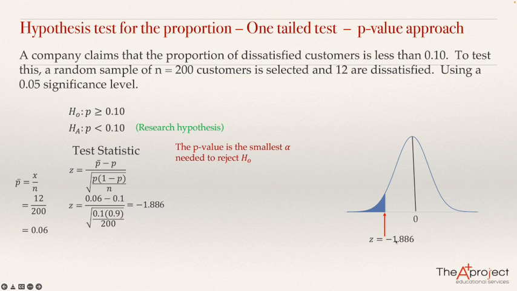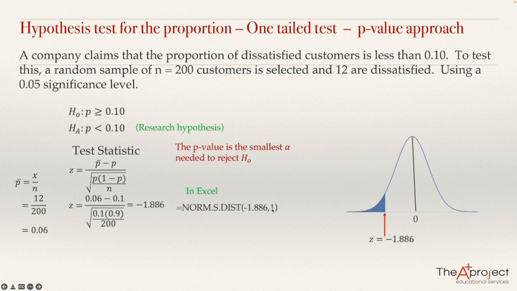You can use a table, find an area that is below negative 1.89, or use Excel. I'm going to be using Excel, so in whatever cell, I'm going to type equal NORM.S.DIST of negative 1.886, comma 1, and close the bracket.